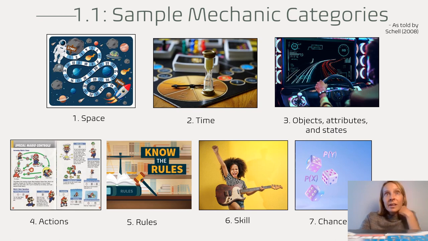Rules are the fundamental mechanics that define space, time, objects, actions, and consequences. They tie everything together and give the game a goal. So rules are part of the mechanics. You can have operational rules, where rules define what a player can do in a game. You can have foundational rules, which are more theoretical.